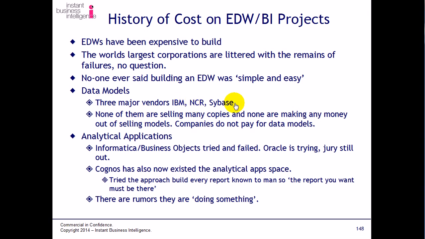Three major vendors, IBM, Teradata, Sybase now into SAP. SAP stabilized the models from Sybase, so there's really IBM, NCR, and then you've got Oracle, SAP, where their data warehouse offerings are really just aligned to the ERP systems. So nobody's actually selling many copies of data models.